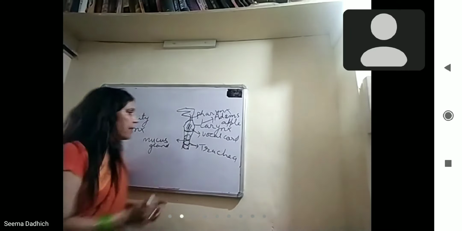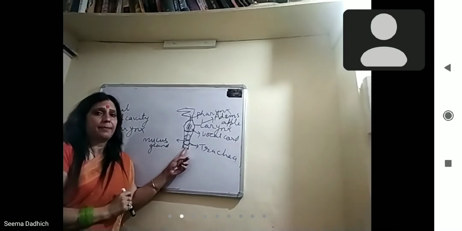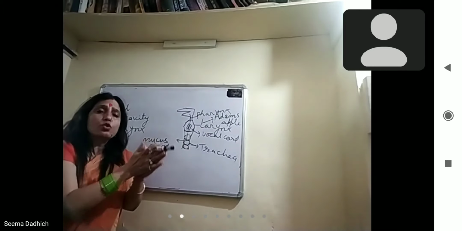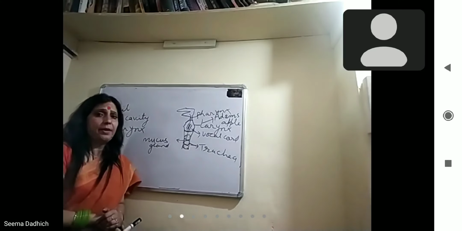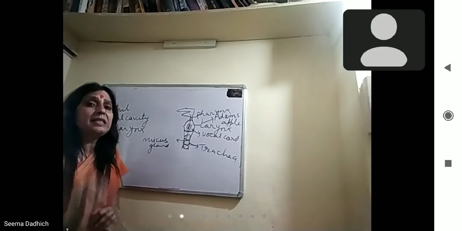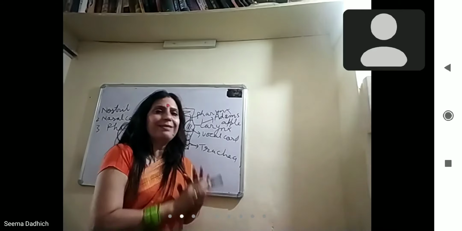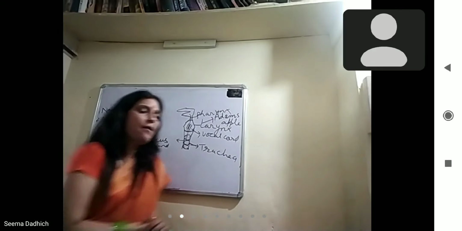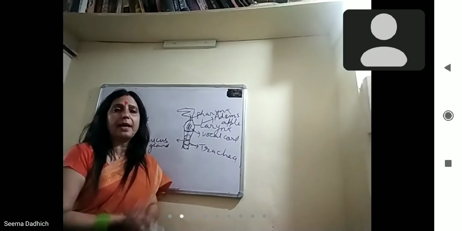Same here: when cartilaginous rings are absent, the trachea collapses, so how would air move? That's why cartilaginous rings are present in the trachea. So it stays open every time and air continuously passes through.